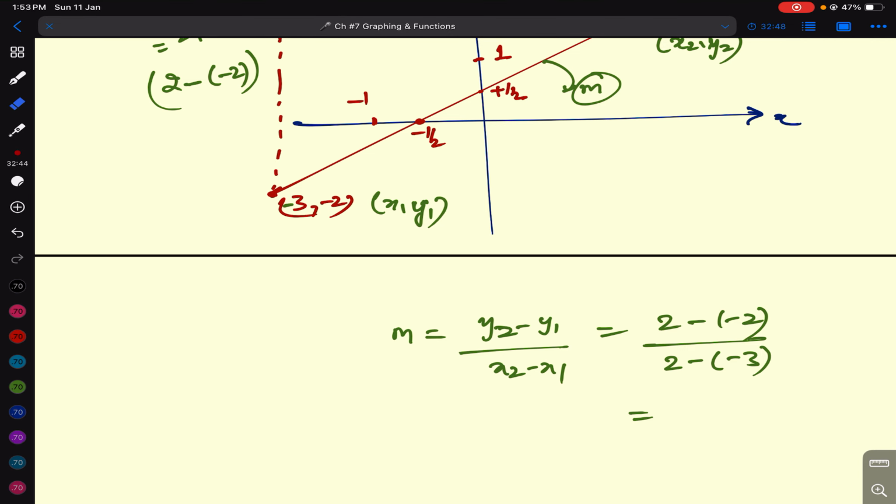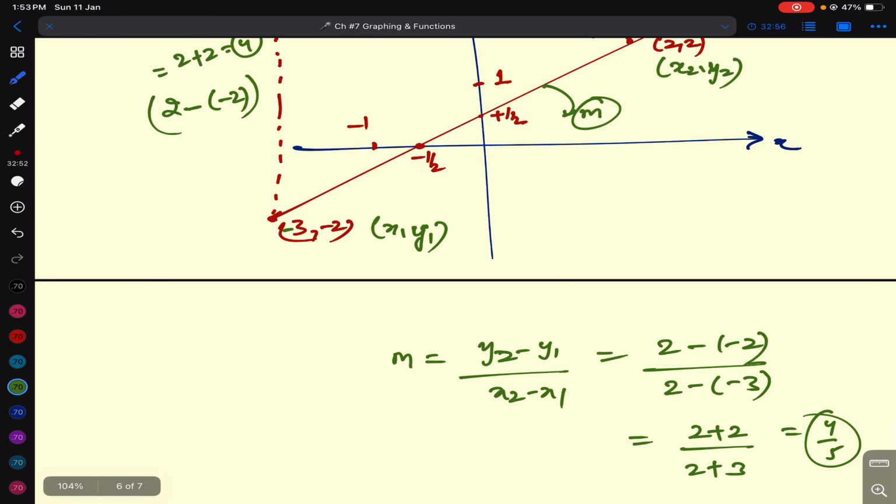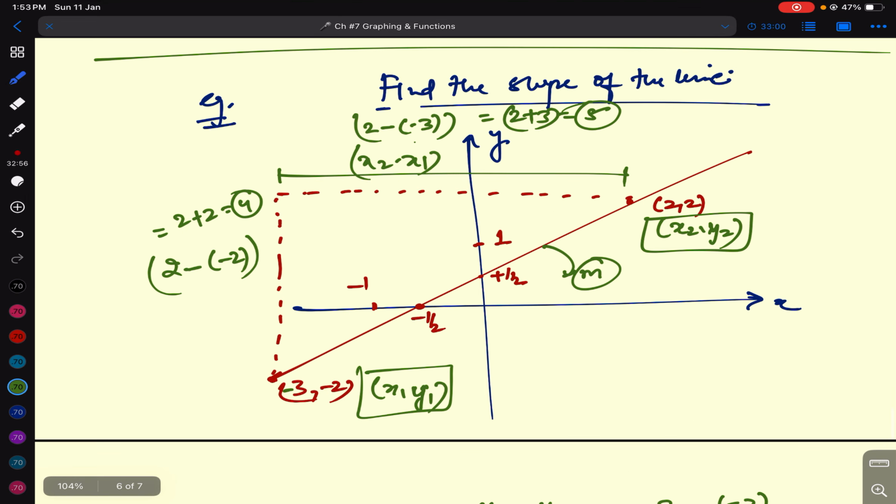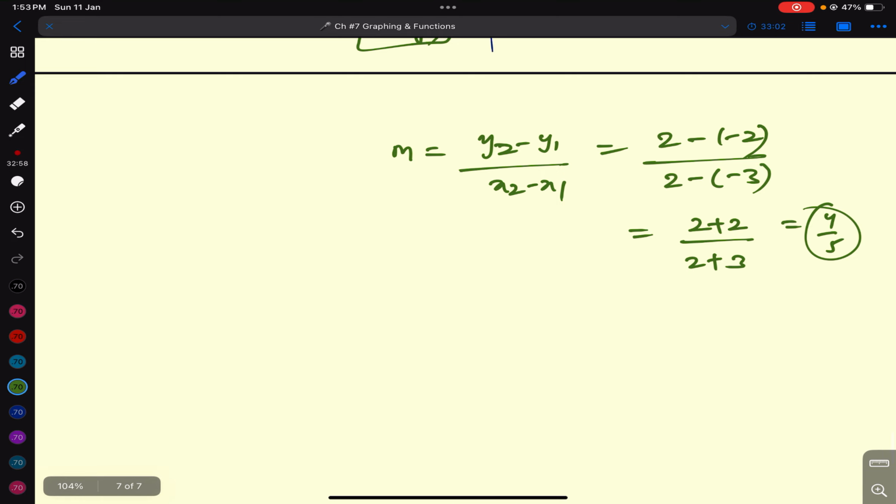Let me write the intermediate step: 2 plus 2, 2 plus 3, this is 4 over 5. Why? Because my points were, this is your x1, y1, and this was my x2, y2. On the basis of that, I figure out the slope of the line, and that turns out to be 4 over 5.